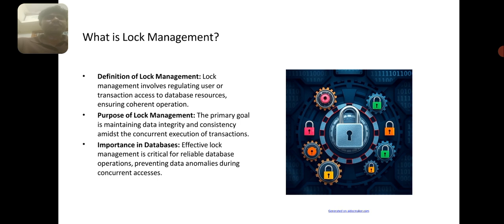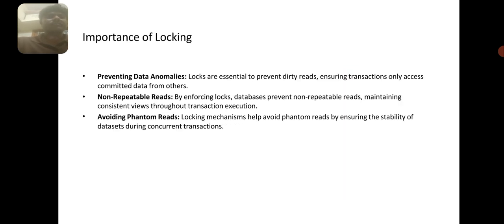The primary purpose of lock management is maintaining data integrity and consistency, which is very important during the execution of a transaction. The importance of lock management in databases is critical. Reliable database operations prevent data anomalies during concurrent access.